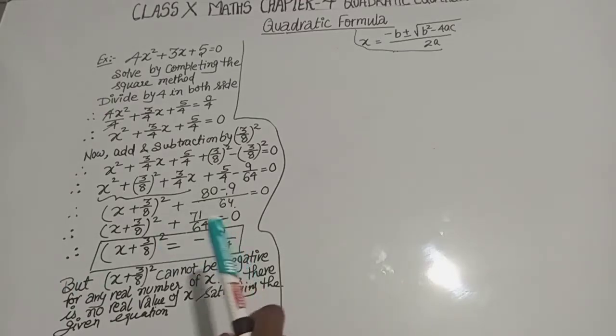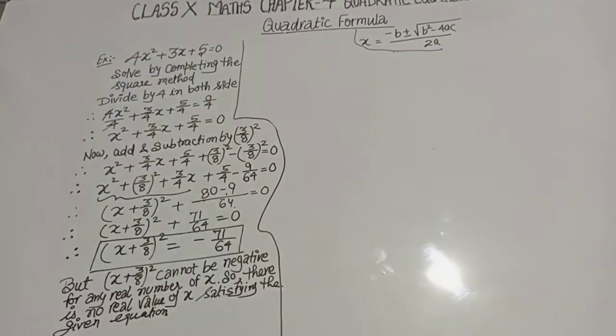So it means we never get a solution of this equation. x plus 3 by 8 whole square can't be negative for any real number x, so there are no real values of x satisfying the given equation.